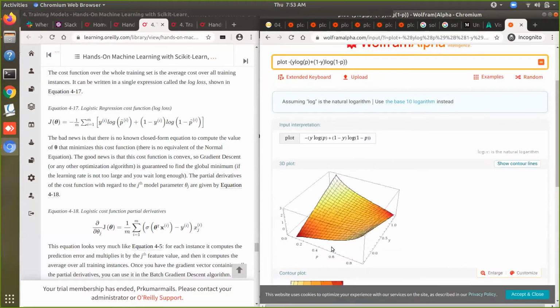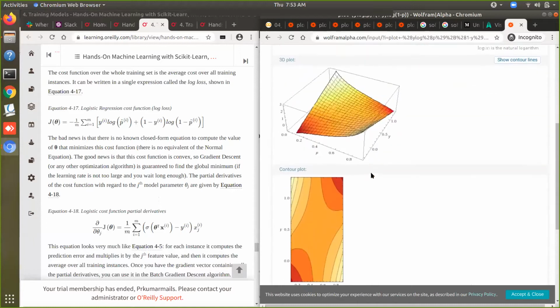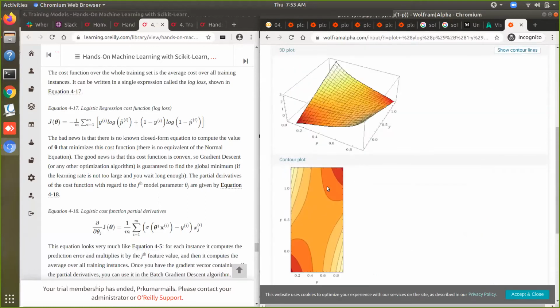This is the curve that we get for this one, and here p corresponds to our sigmoid function that we have seen before. So that will be the cost function.